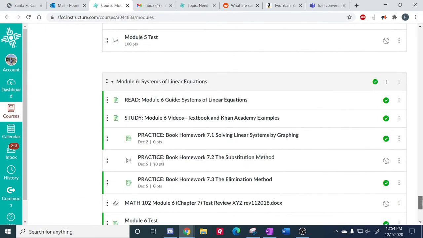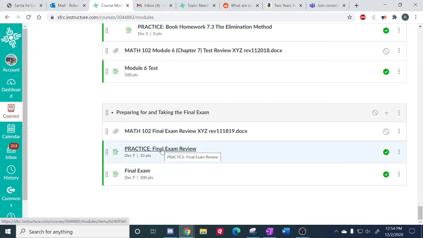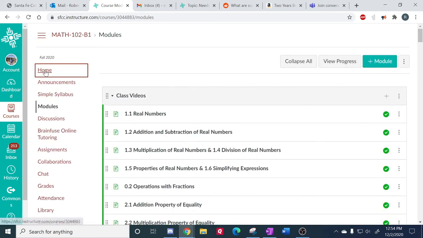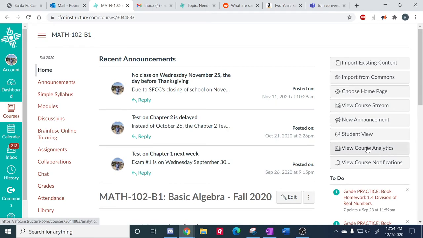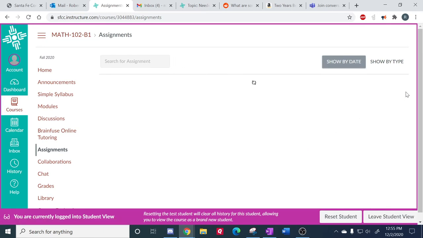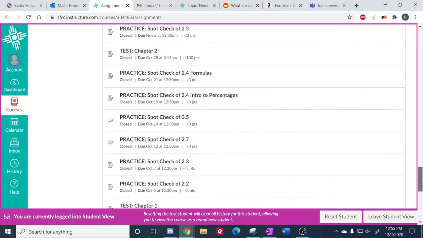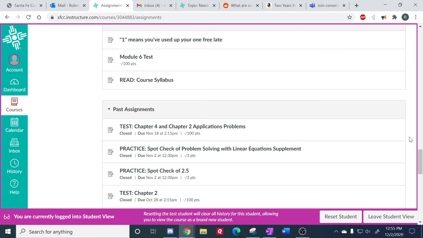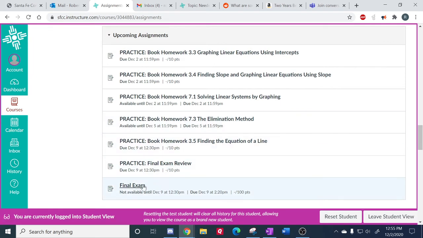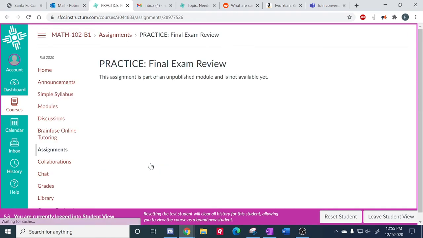If you go on assignments in student view, you'll be able to see it. Student view, assignments. I tried that. It didn't work. There's the final exam review. Unpublished module. Ah, okay. That might give me the hint.